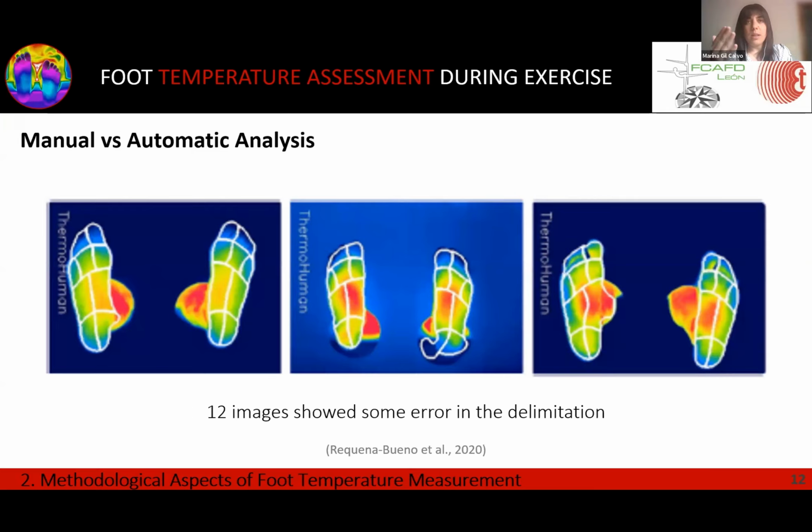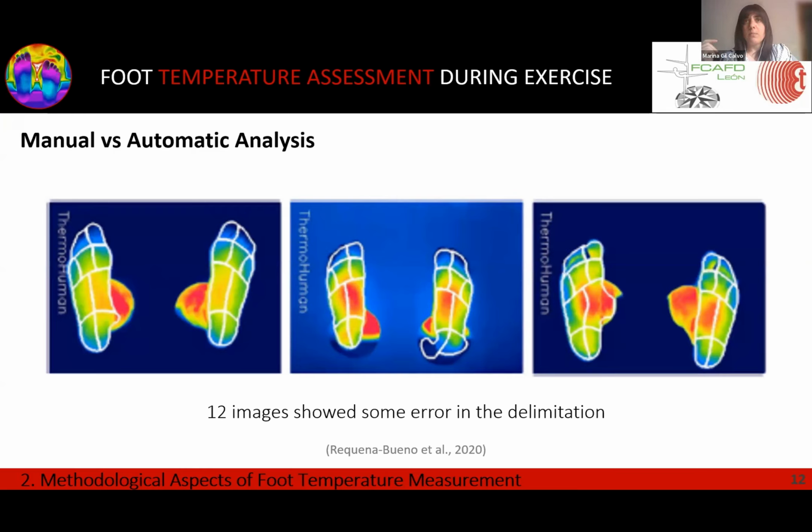For example, the main errors were due to the automatic analysis confusing the leg of the participant with some regions of the foot, and also the software struggled a bit to correctly define the hallux or the toes because the temperature of these regions was too similar to the background, the anti-reflective panel placed behind the feet.